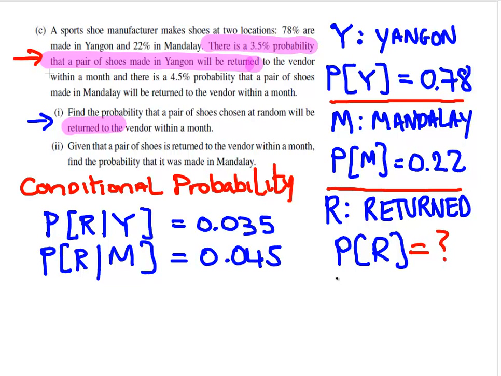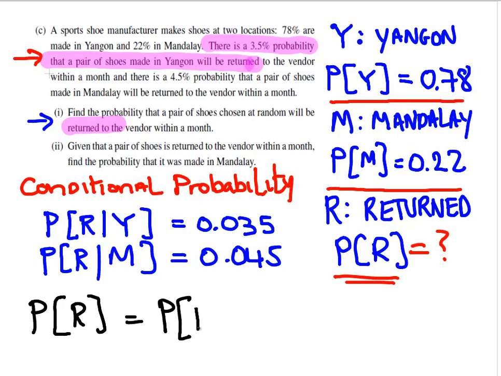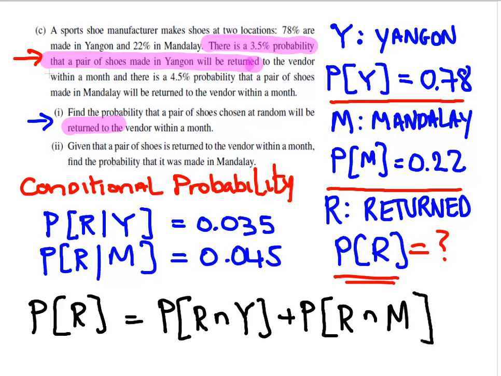So we can split the returned shoes up into two groups. I'm going to write this here. The probability of return is the probability that it gets returned and it comes from Yangon, plus the probability that it gets returned and it comes from Mandalay.